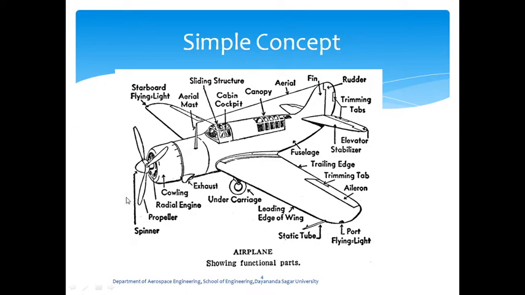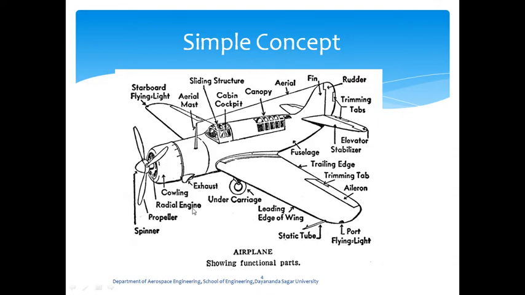You can see the different parts of the aircraft, and to achieve the different functions there are different parts here. Here it is shown as a propeller. We all know that the thrust is generated by the propeller, and this is a spinner, and this is the radial engine.